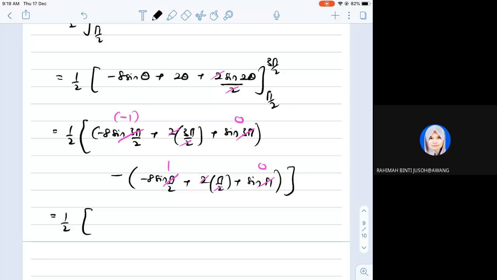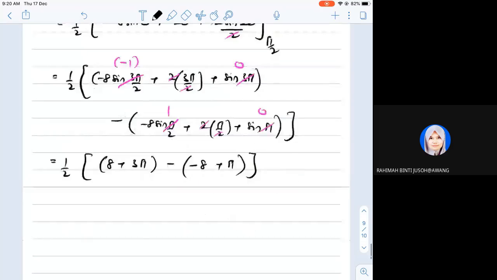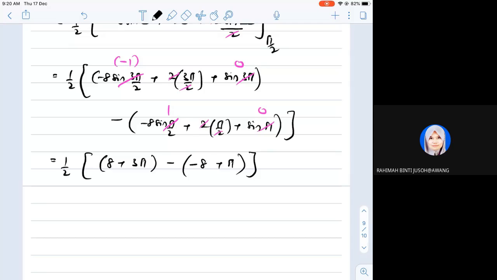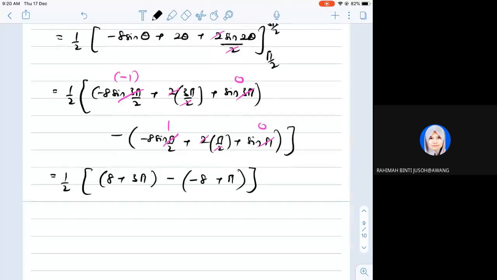So we will have negative 8 times negative 1, so becomes 8 plus 3 pi, 0. And then minus negative 8, and then plus pi. Alright, like this. So we will have 1/2, 16, 3 pi minus pi, so 2 pi.